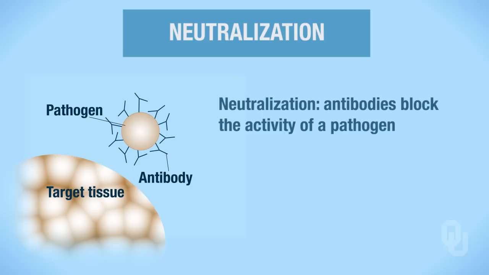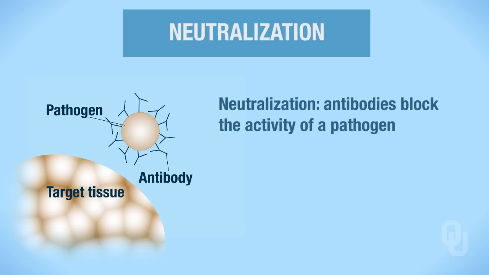And if you block the activity of the pathogen, what you've essentially done is you've neutralized it. The antigen is unable to invade the tissues. All right, so in this case, that antigen cannot invade that target tissue because it's been neutralized. It's got all these antibodies that are bound to it.